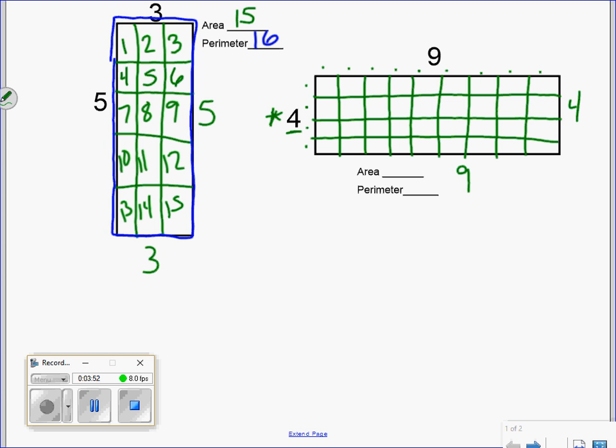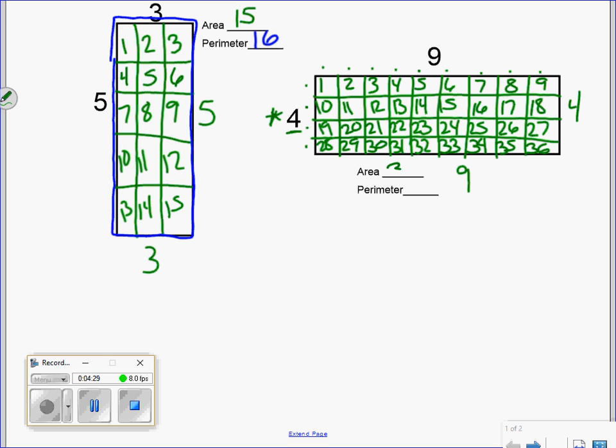All right, so now I'm going to count the inside boxes to find the area of this rectangle. 1, 2, 3, 4, 5, 6, 7, 8, 9, 10, up to 36.